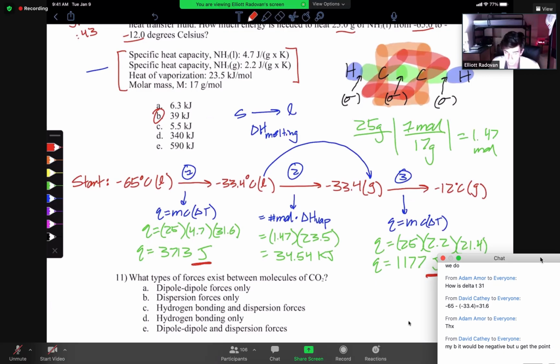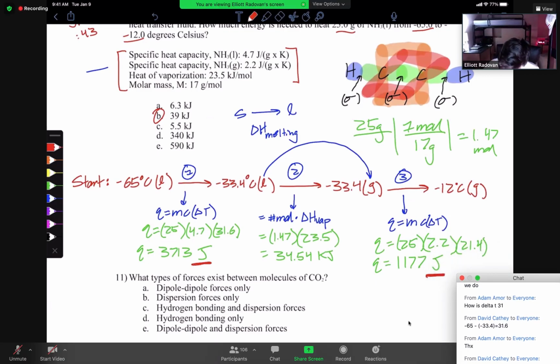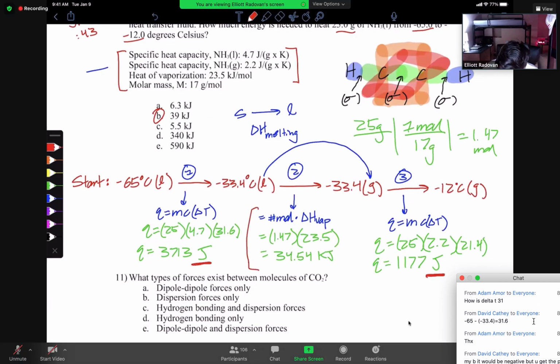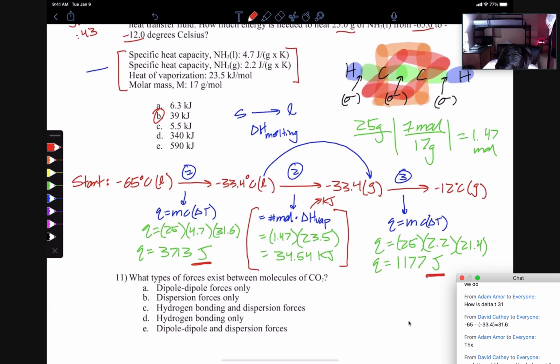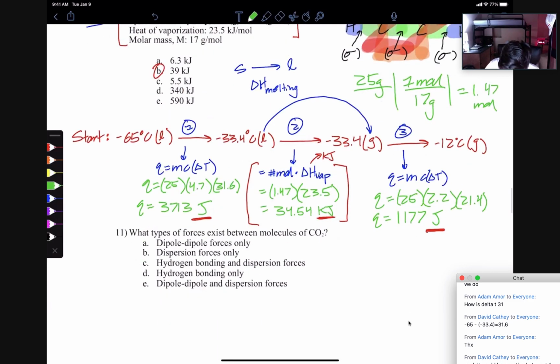Okay, so just want to point out, these are given in joules because the Q equation gives you your answer in joules, but the heat of vaporization was given in kilojoules. So our answer is in kilojoules. That's very important. So you want to convert these joules from the Q to kilojoules to get an accurate answer. So you'll convert each one.